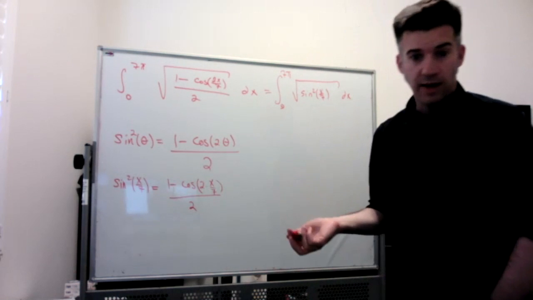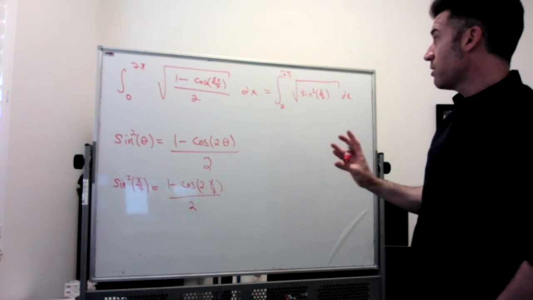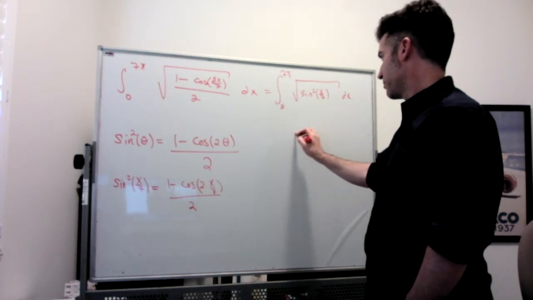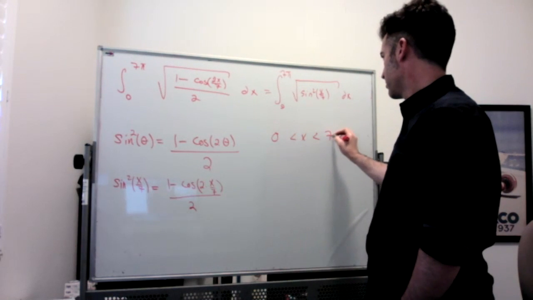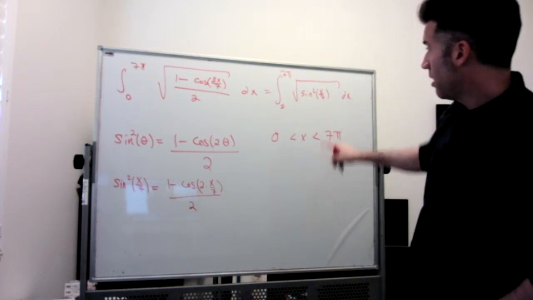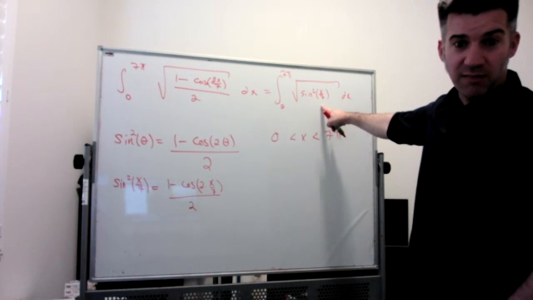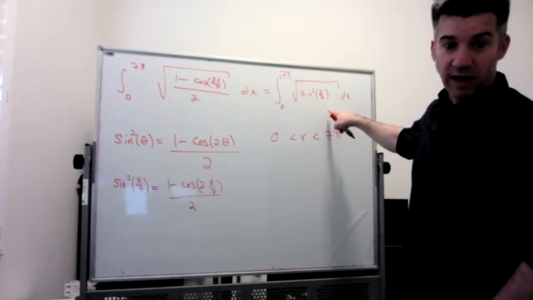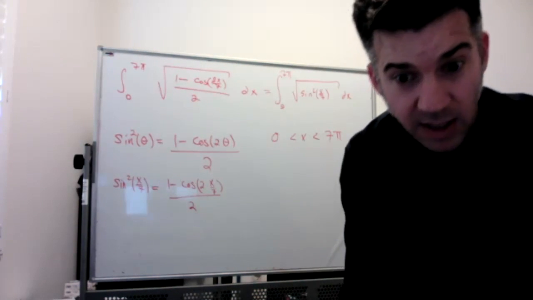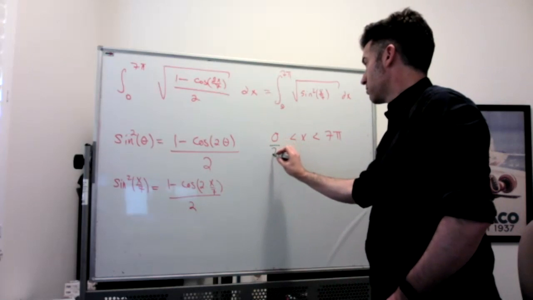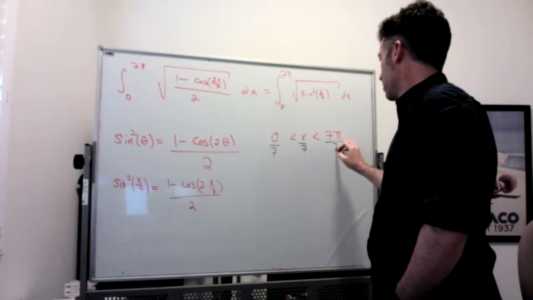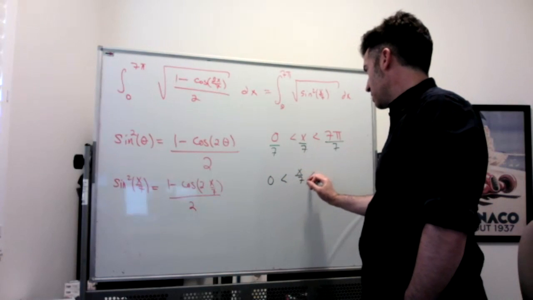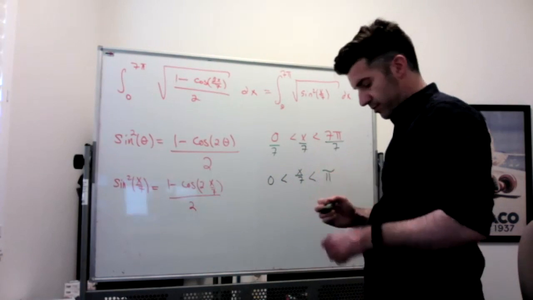Now I'm going to think about the fact that x is between 0 and 7 pi. But I'm actually caring about my angle, the thing I'm taking the sine of, which is x divided by 7. So I'm going to divide everything by 7, and what I have is that my angle, x over 7, is between 0 and pi.